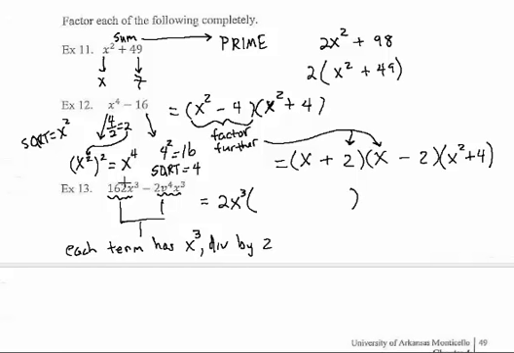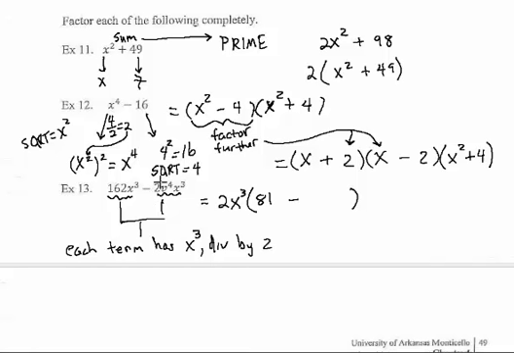We go back and divide that out of each of the two terms. So 162 divided by 2 would give us an 81. If we divide out the x cubed, then they just simply cancel out. And then we have a minus between the two terms.